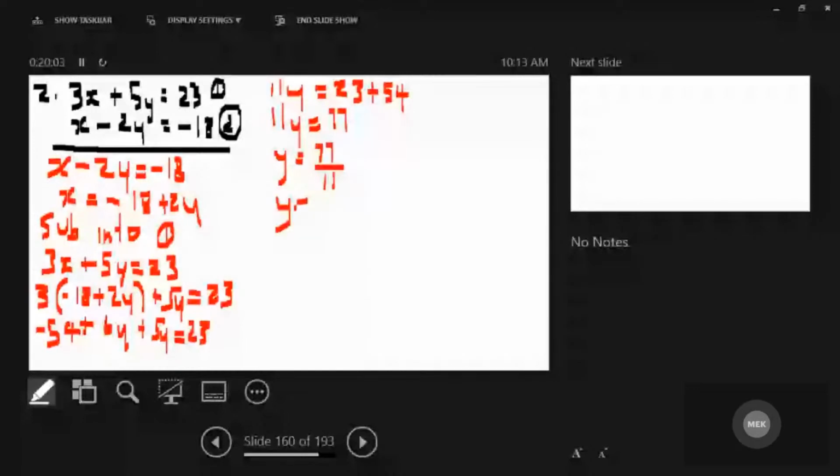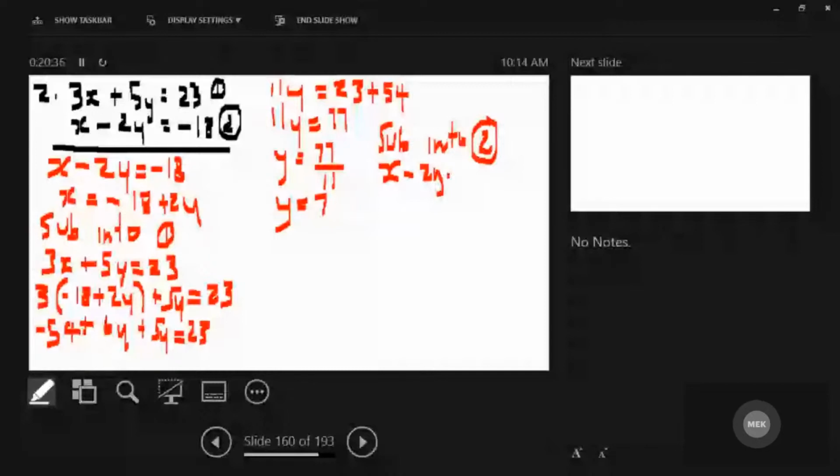All right, so we have solved for y, we need to solve for x. So since y is 7, we're going to plug this value into the other equation. We used equation 1, so now we're going to plug it into equation 2. Substituting into equation 2, which is x minus 2y equals -18.